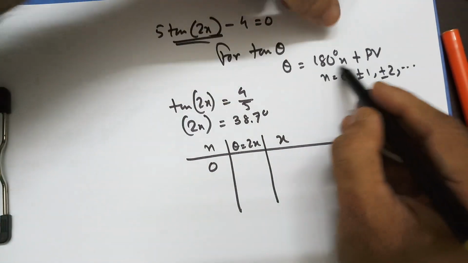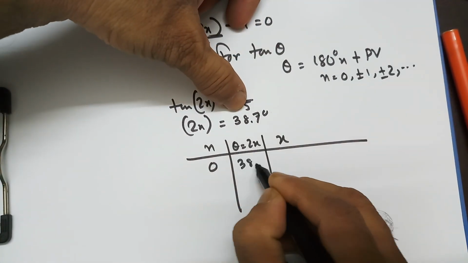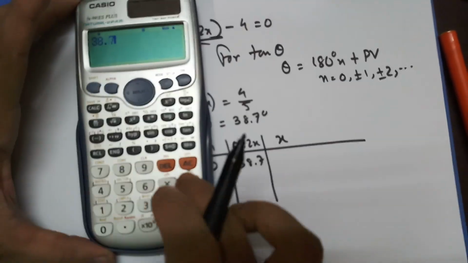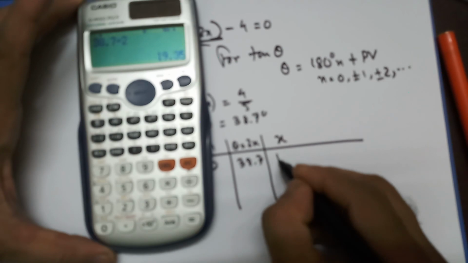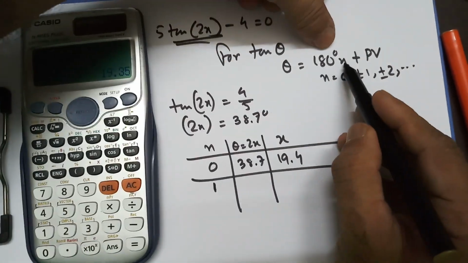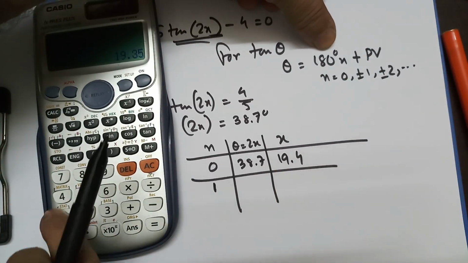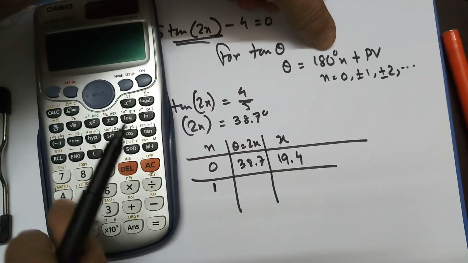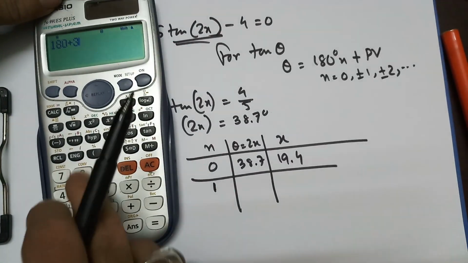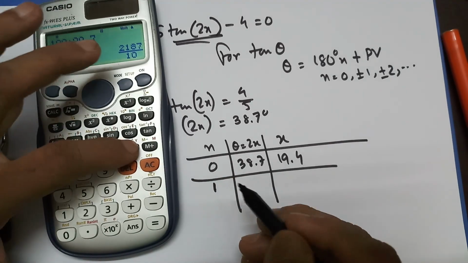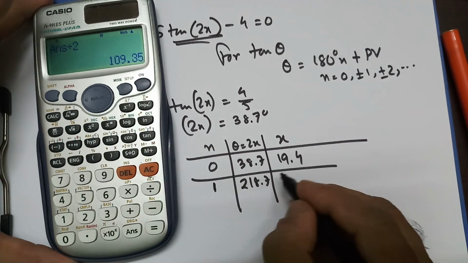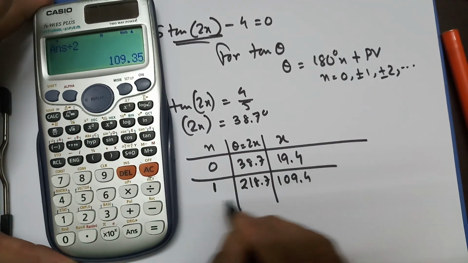So when n is 0, the primary value is 38.7. I need to divide it by 2 because it's 2x. 38.7 divided by 2 gives me 19.4. And then when n is 1, 180 plus the primary value 38.7, that's 218.7, divided by 2 gives 109.4.